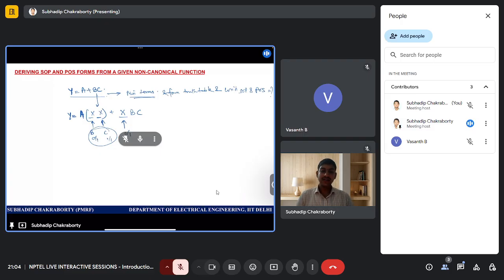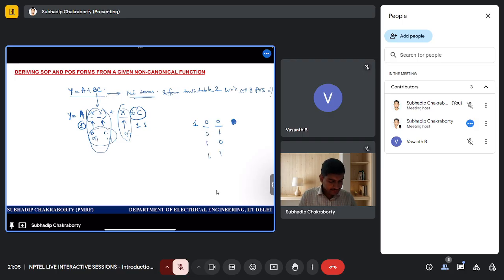The output depends on the value of A only, and A obviously needs to be true. So this will be 1 only, and the other value in this term does not matter. Similarly, this also does not matter. So what will be the term? 1, then B and C can be either 0 0, or 0 1, or 1 0, or 1 1, doesn't matter. But this term needs to be 1.